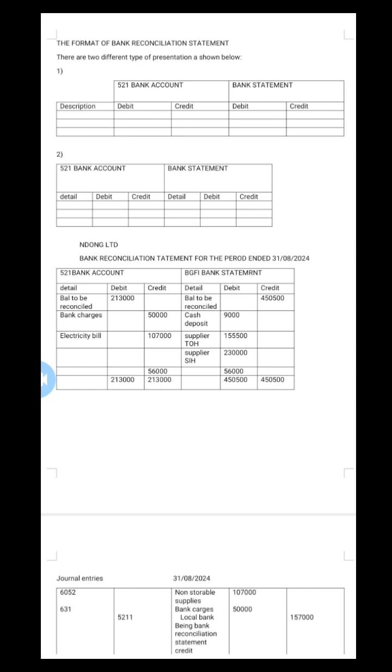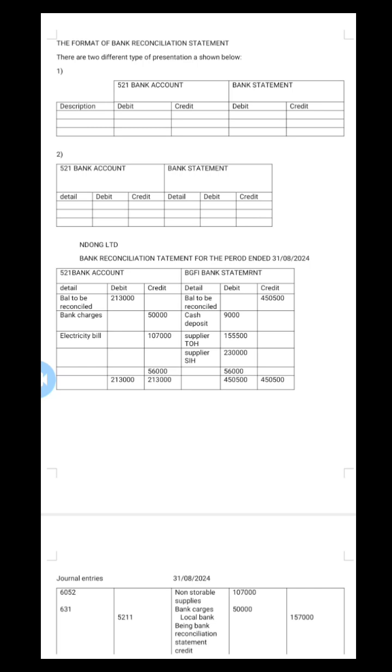So remember that the bank statement increases on the credit side and decreases on the debit side. So when the suppliers take money from the bank account, it is going to reduce, it's going to drop. So that is why it is being debited, to reduce the balance.